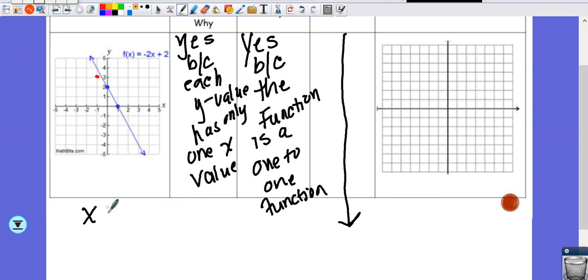So I want to say x and f of x for the original function. I'm going to go ahead and take a negative value too. I'm going to do negative 1, which gives me out 4.